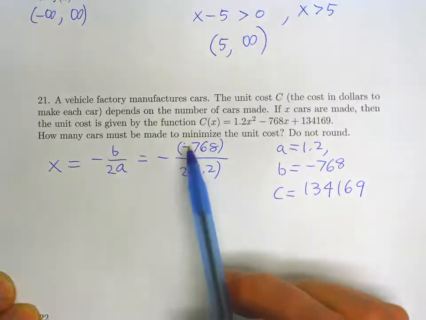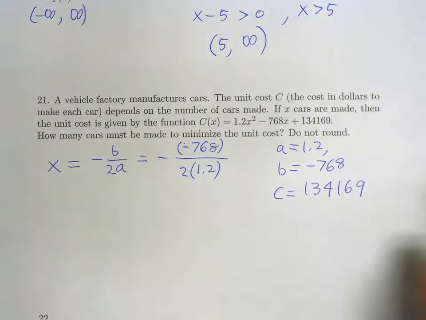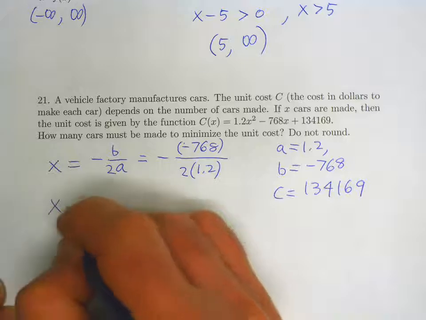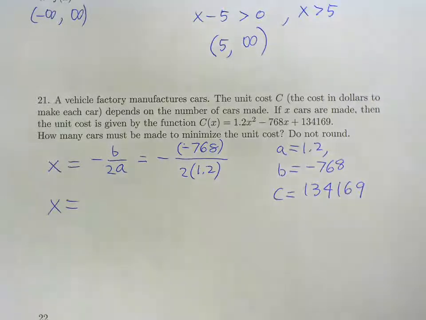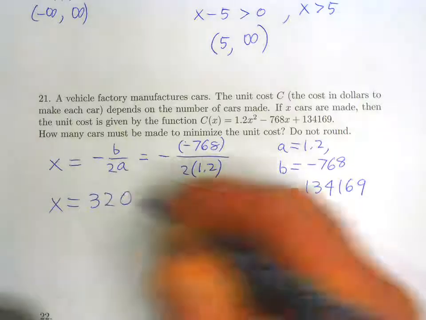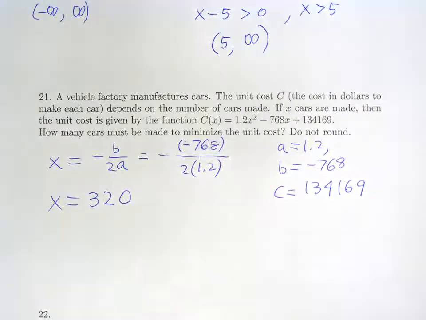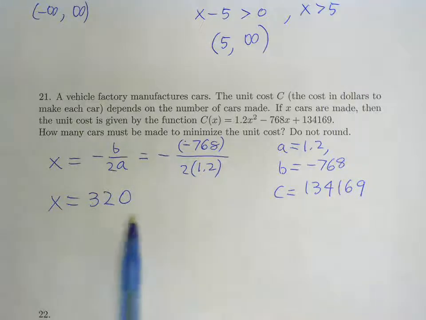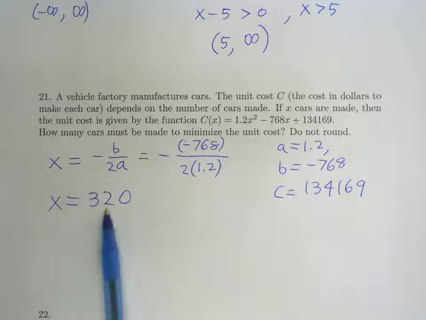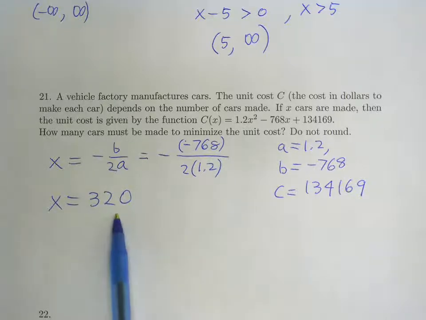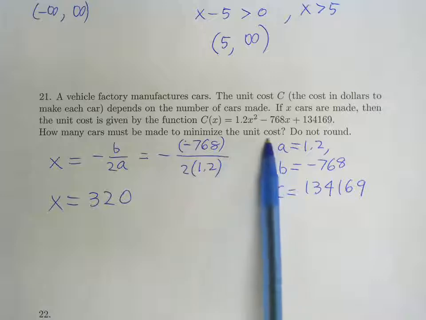Okay, so the negative of a negative is positive. So key that in. So x equals 320. So no rounding necessary anyways. Okay, so this means that if 320 cars are manufactured, that minimizes the unit cost.